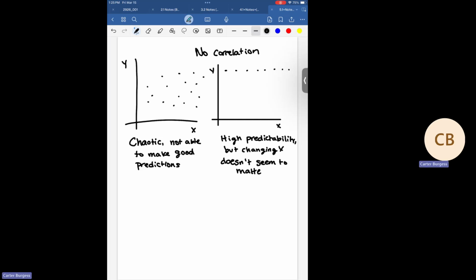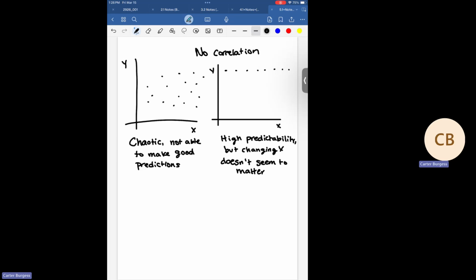So we can either have no correlation where, yeah, my y is changing. We're seeing variance in my y, but there doesn't seem to be a pattern connecting the change in x and my change in y. Or we could have a situation like what we see here where, yeah, we can make good predictions, but those predictions aren't because we know the value of x, it's because the value of y is constant.